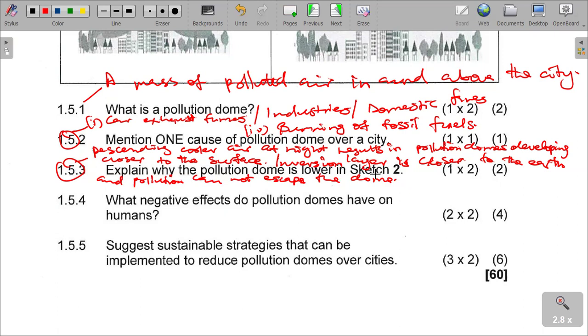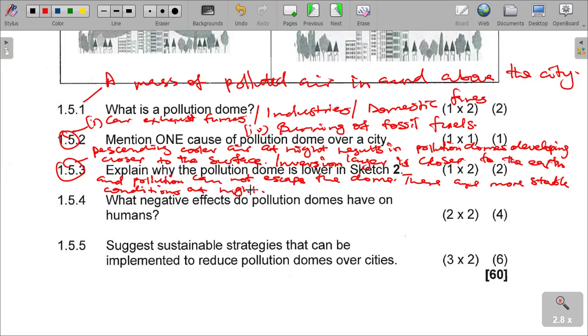And then last but not least, there are more stable conditions at night that can also cause the dome not to be too big or not to be too high.